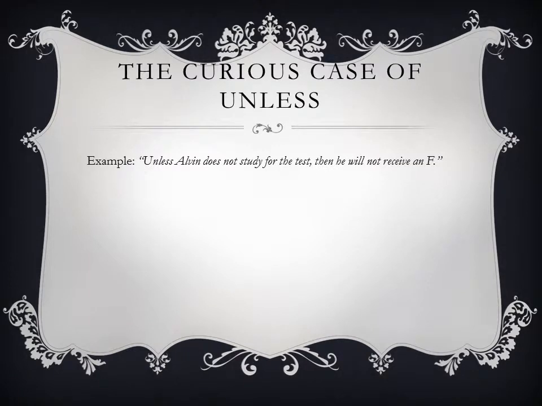Here's an example of an unless necessary condition. We have the unless, so it's indicating that there's a necessary condition, which indicates that this is a conditional statement. So with unless, you can't just take it as it is. You have to turn it into an if-then statement, and I'm going to show you how.